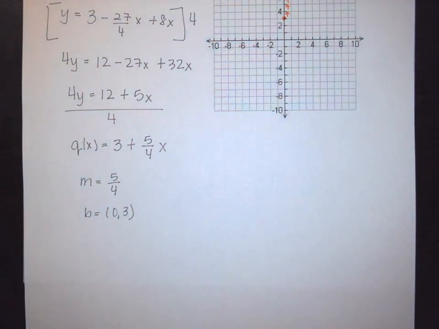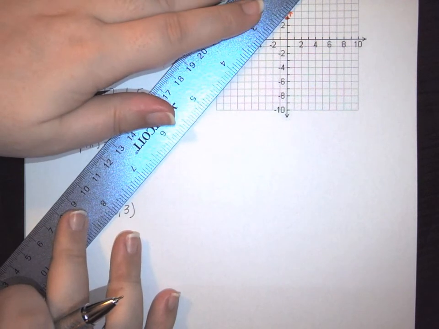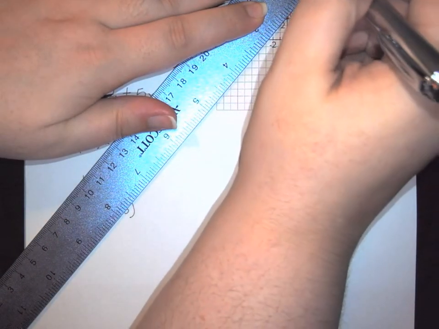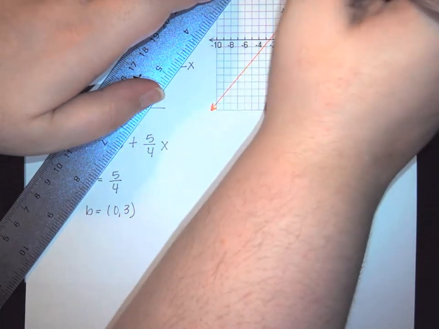And then all we have to do is simply connect our dots here. And there we have it.